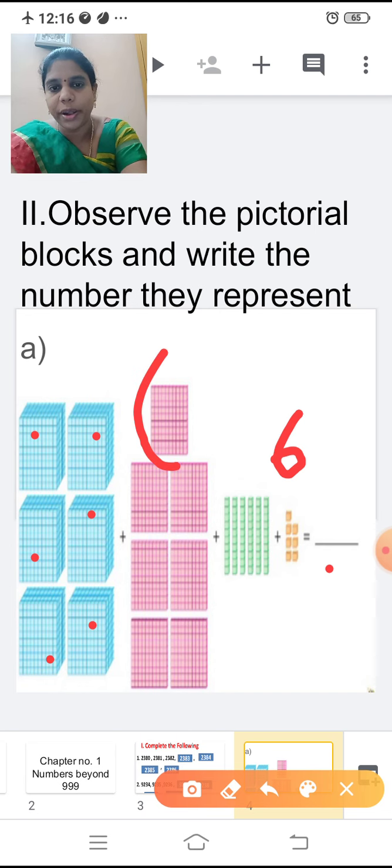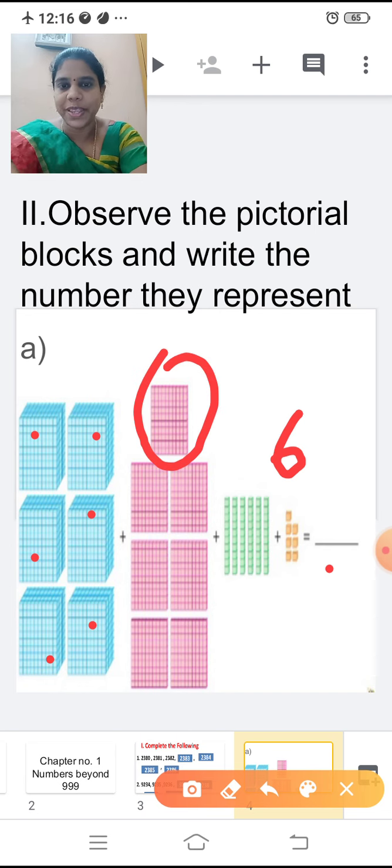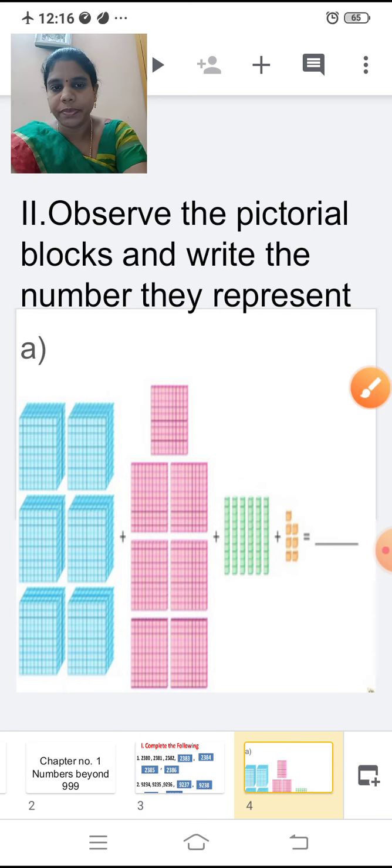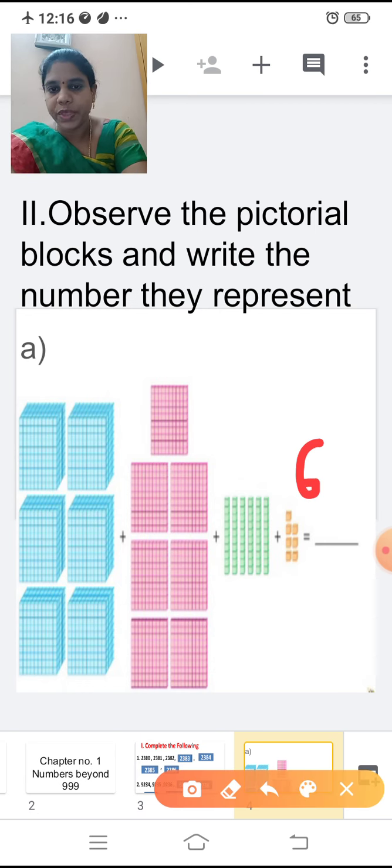And this one block represents hundreds, right? How many hundreds blocks are there? Just count and tell me. 1, 2, 3, 4, 5, 6, 7. So how many hundreds are there? 700. So write 7 in the hundreds place.